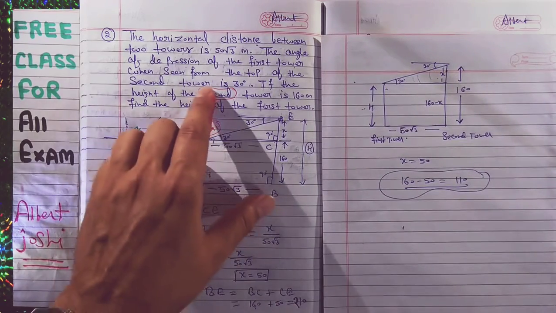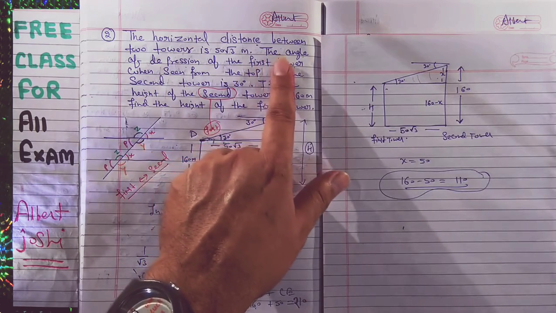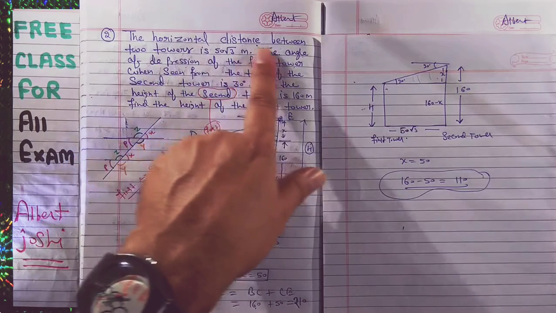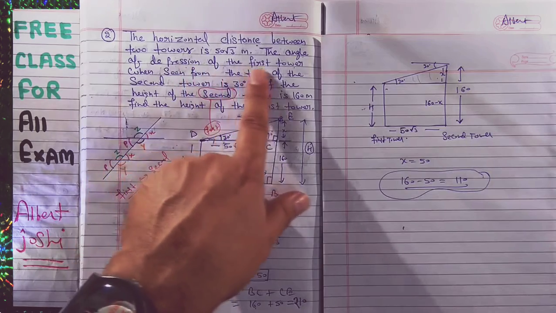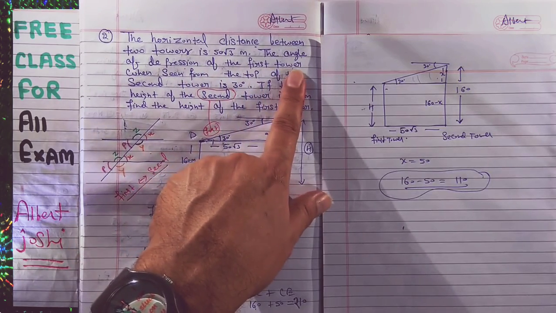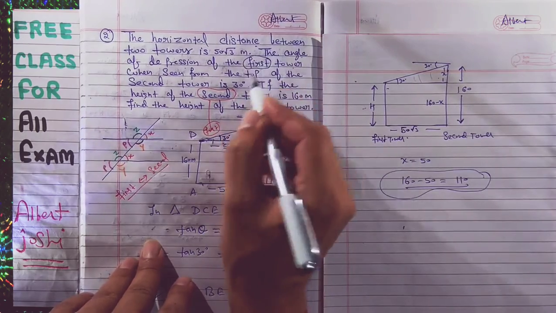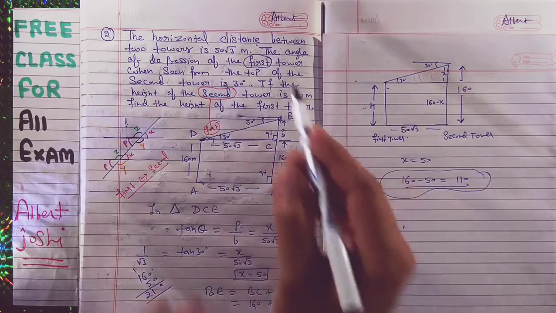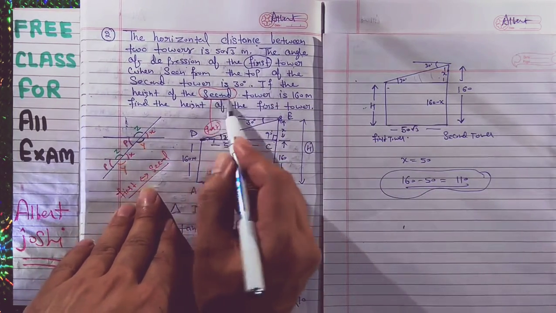So we have done two questions. If they have given us this question, it is working: the horizontal distance between two towers is this, the angle of depression of the first tower. Okay, in place of first you have to write the second, and in place of second you have to write the first. So everything is correct, you have to change only this.